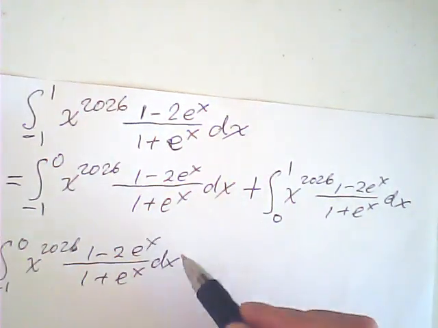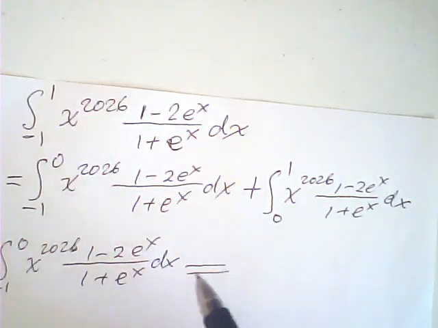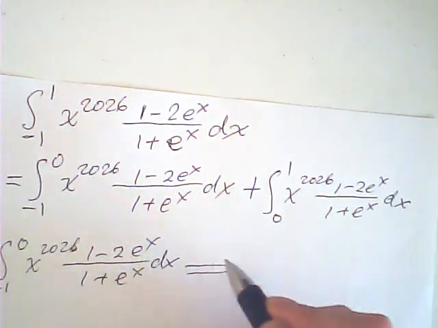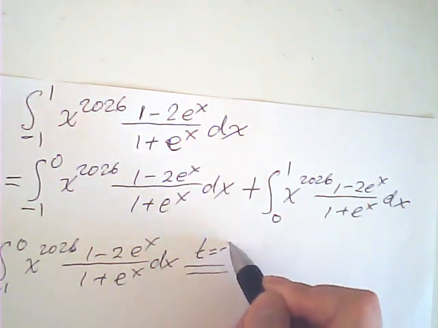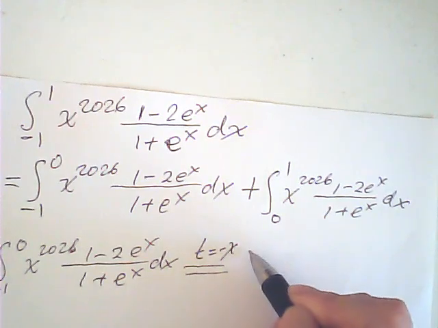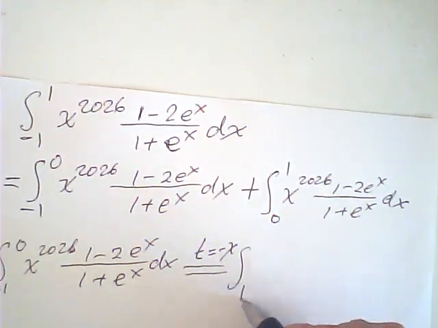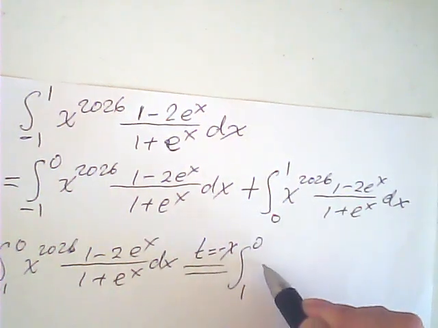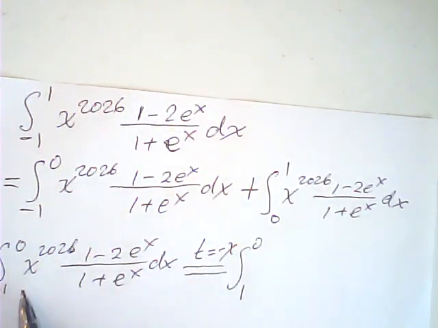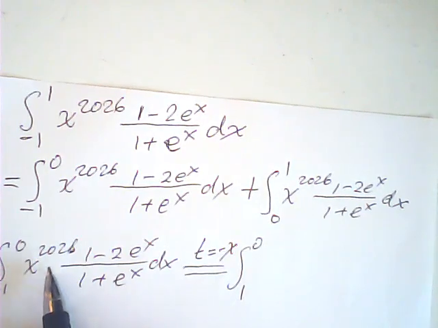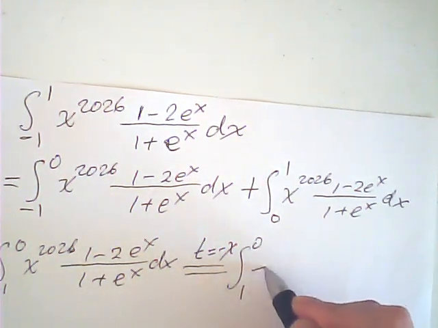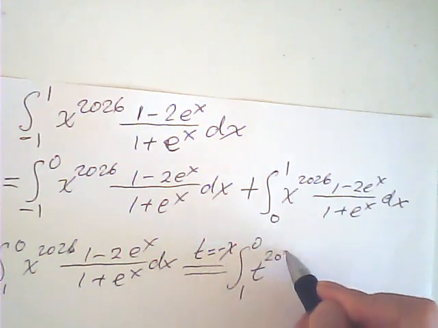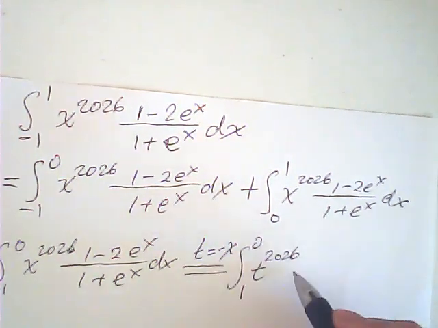Let me use substitution. Change the variable x into t. Let t be negative x. So it becomes a positive, 1 to 0, right? And since the power is an even number, for t, negative t is the same. 2026 is not changed.